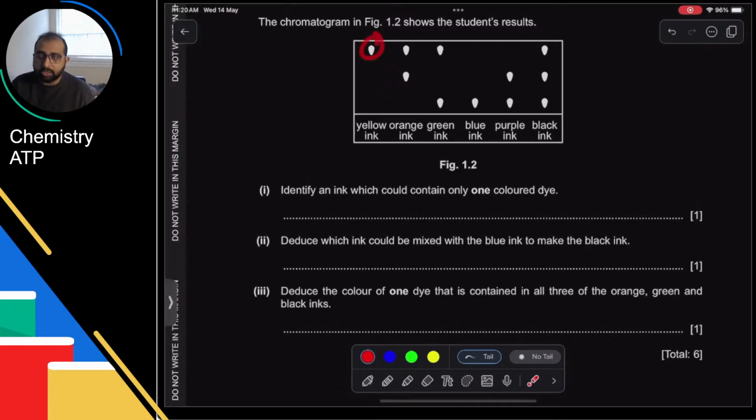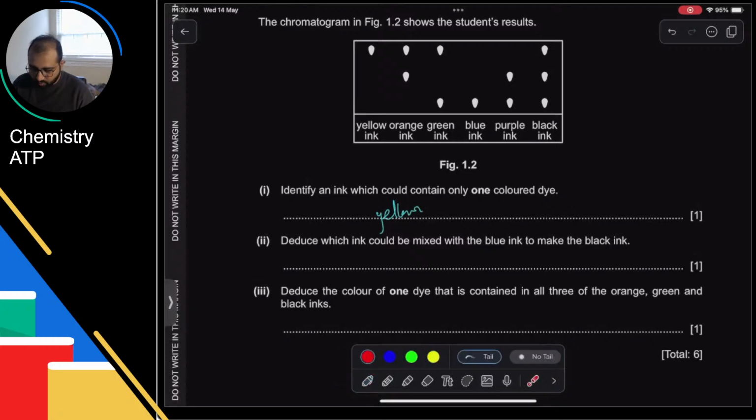So this ink is made of only one thing, so it's a pure color, but this is made of two things, and anything that's on the same level is the same thing. So these are all on the same level. That means yellow ink is present in orange, green and black. So the ink which contains only one dye is yellow.